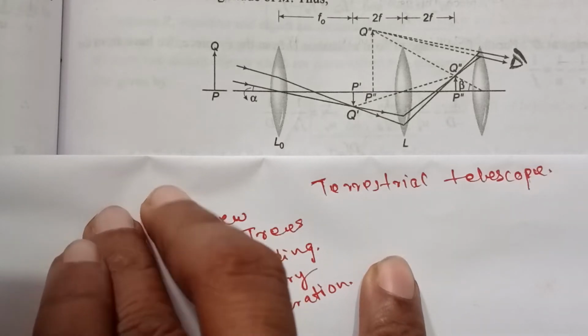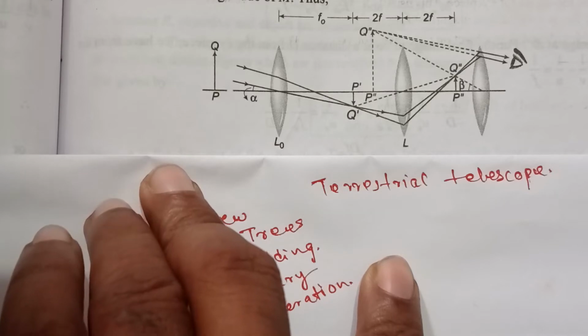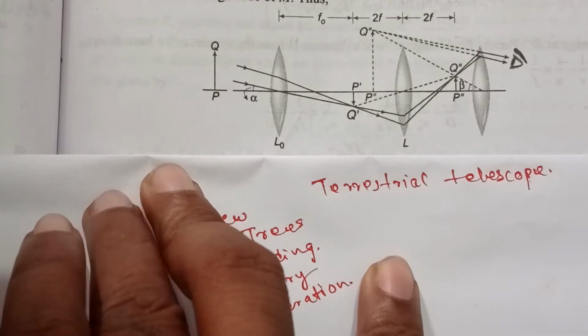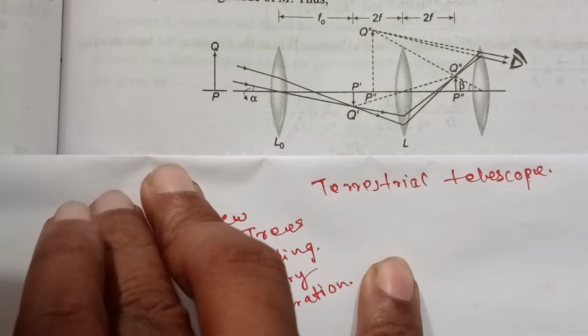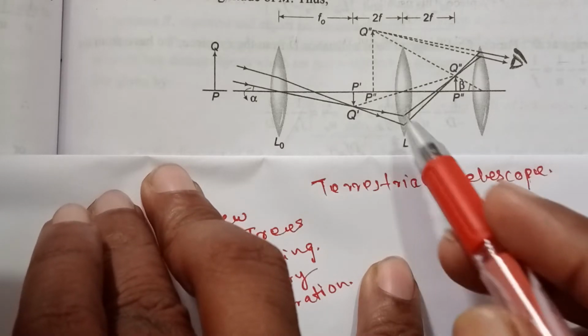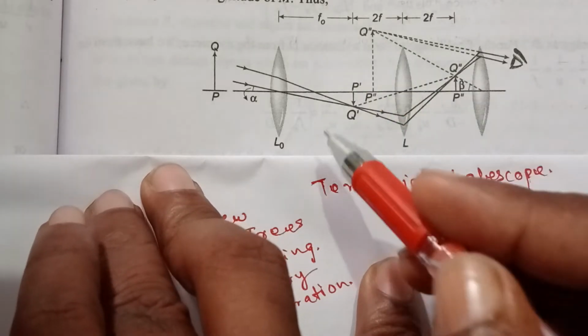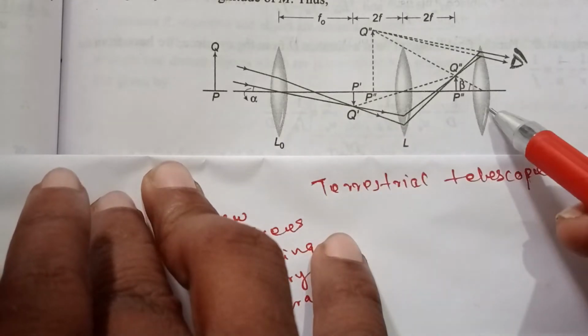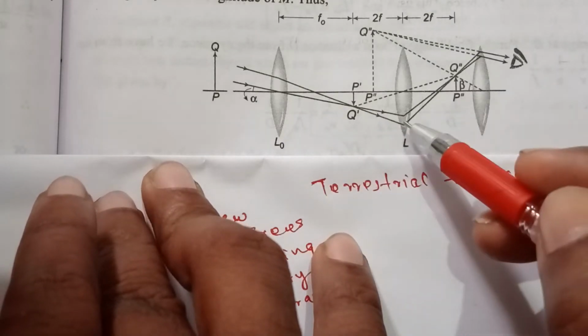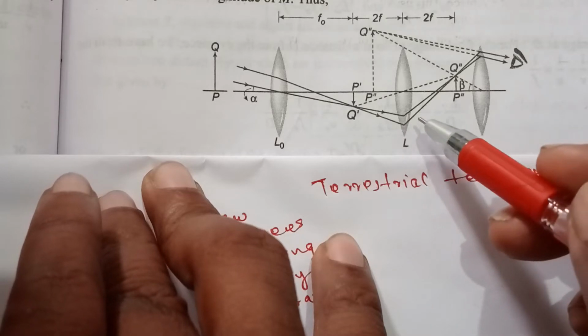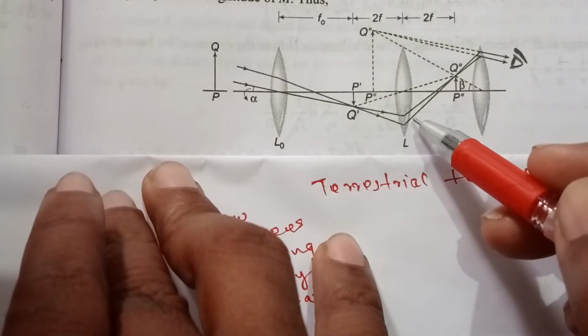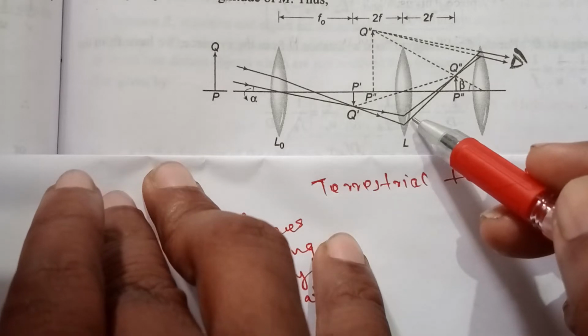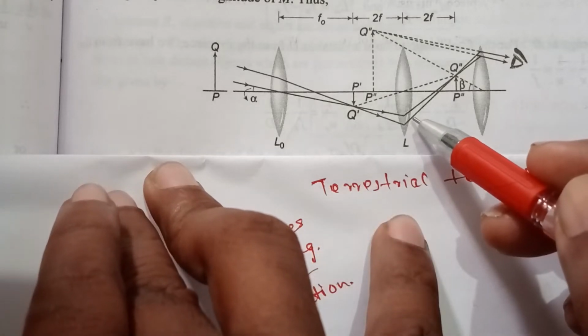In order to remove this difficulty, a convex lens, this one, having focal length f, is introduced between the objective and the eyepiece. Here this one is the objective.